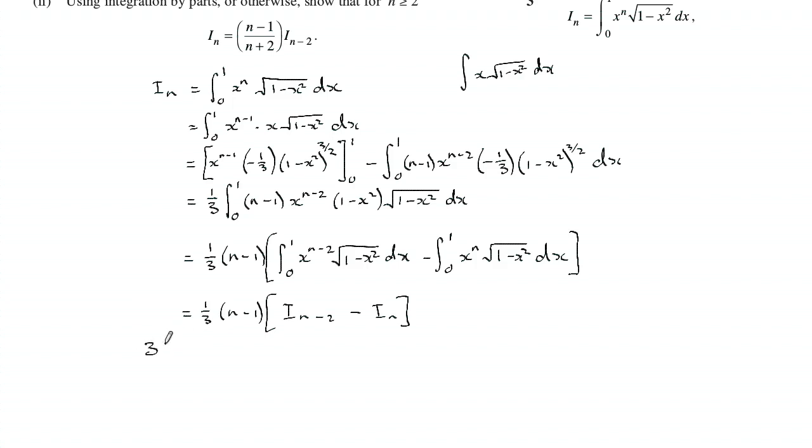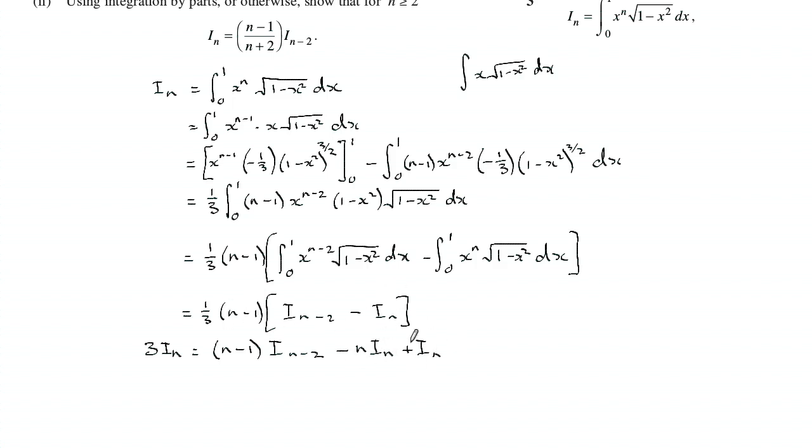So we'll get 3 I n on the left. And then let's expand this. So we've got n minus 1, I n minus 2, and then we'll have minus n I n, and plus I n. And we do that times that.